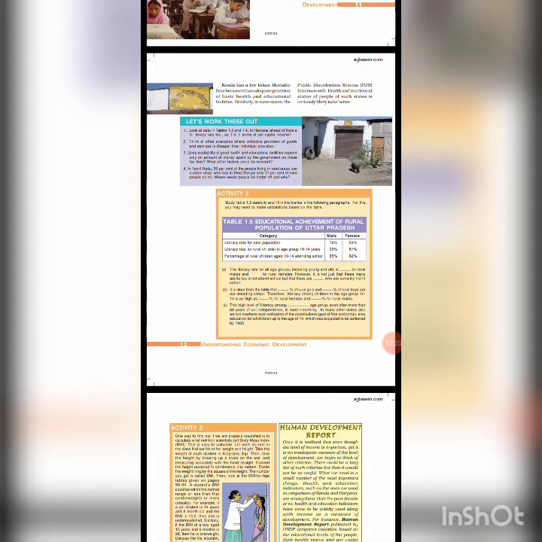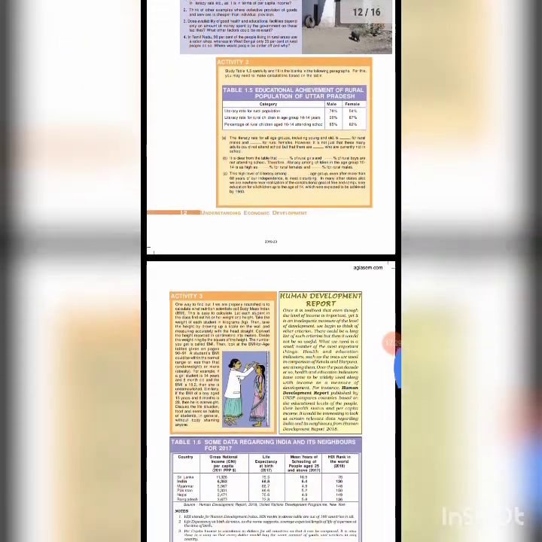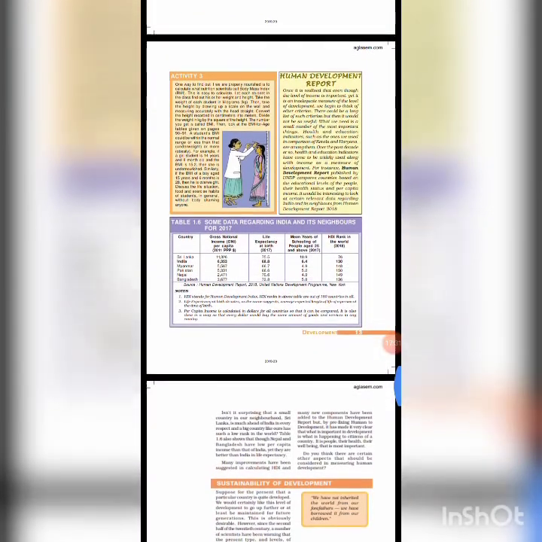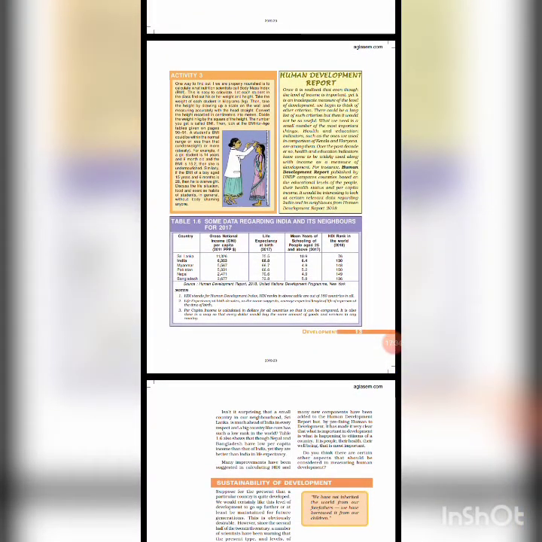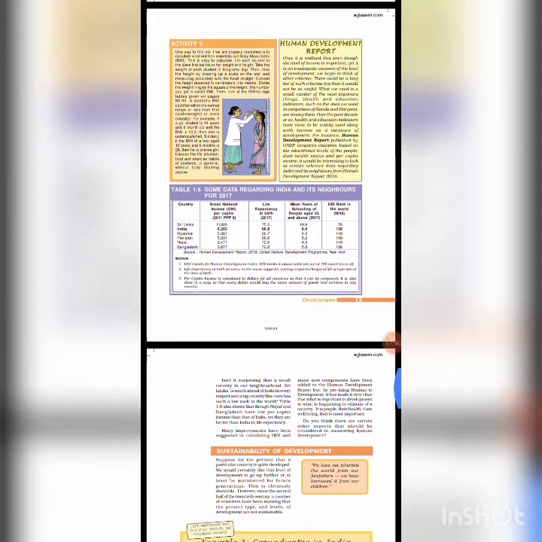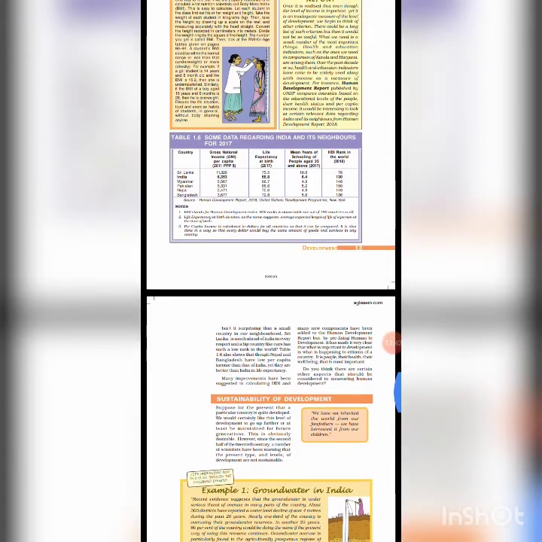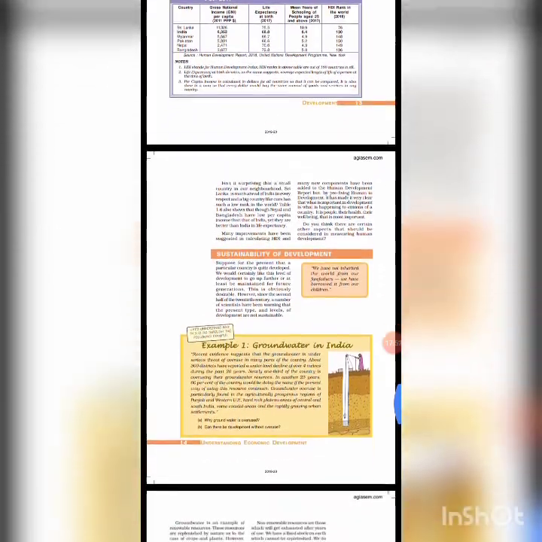Some resources are replenished by nature, as in the case of crops and plants. In the case of groundwater, if we use more than what is being replenished by rain, then we are overusing these resources.